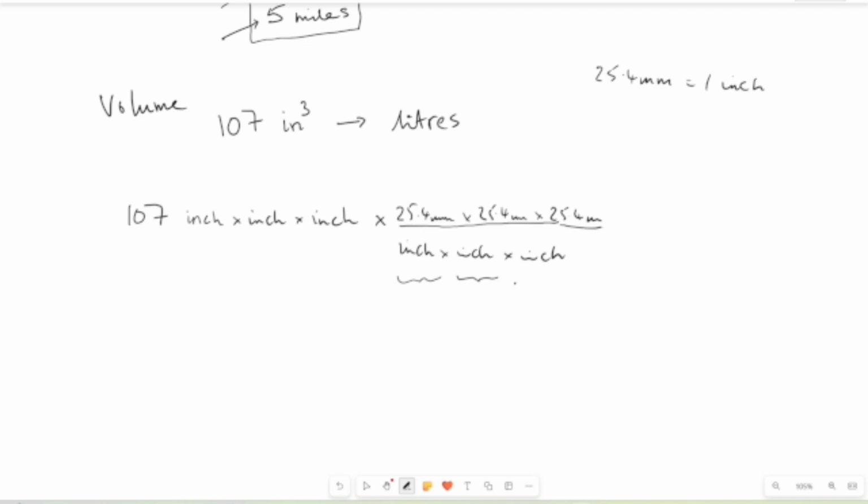And I've written it down 3 times because I need to cancel with the 3 in our cubic inch. That's this cubic inch. That's what the index of 3 means here. So we can cancel those with these, and that's going to give me an answer in cubic millimeters. Well, I didn't want cubic millimeters. I wanted litres, so we've got to carry on.